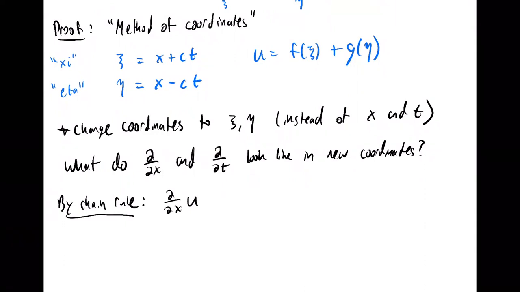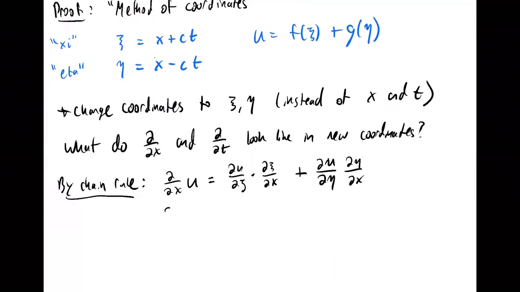Notice that xi and eta are functions of x just by looking at the formulas above. And so the chain rule tells me that this should be equal to du/dxi times dxi/dx plus du/deta times deta/dx, because there's some dependence between xi and x and between eta and x.